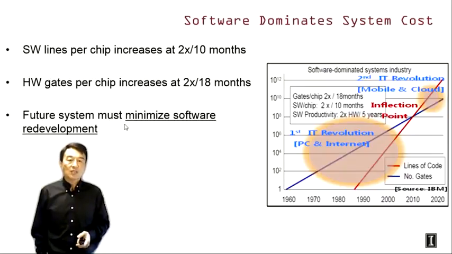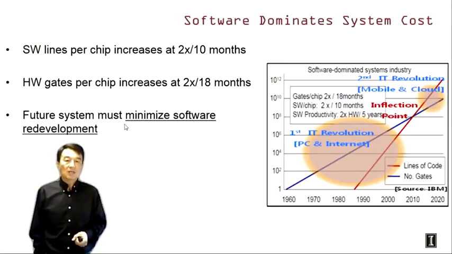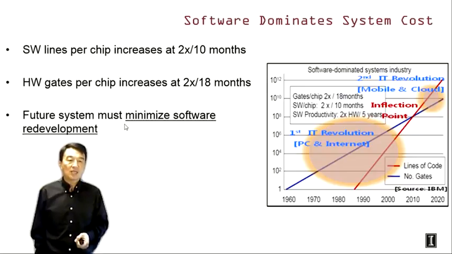This slide shows data that was published by IBM in 2010. This graph shows that the hardware costs and software costs have both been growing exponentially over the years. This is a log plot, so a linear curve in this plot is an exponential curve.